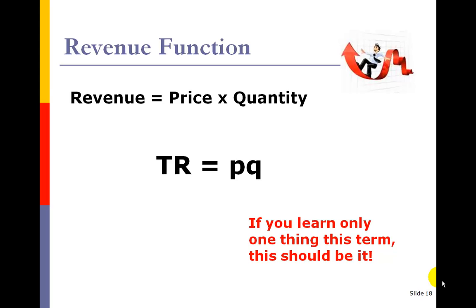Revenue is price times quantity. A lot of times you see that as TR, or just R, equals P times Q, P for price, Q for quantity. If you're going to learn only one thing in this term, let's hope it's that revenue is price times quantity.